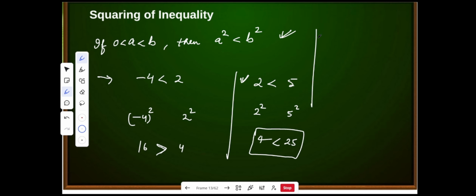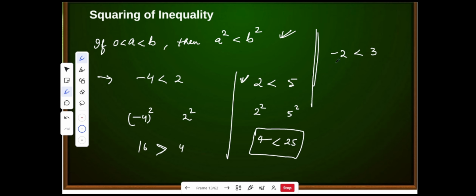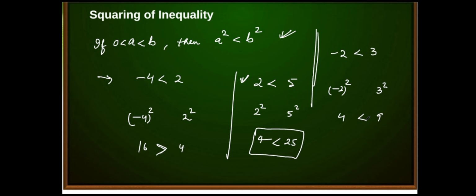Now suppose we have minus 2 also less than 3. Here this is negative, this is positive. If we are going to take the square of these two numbers, then here this is 4, this is 9. So here this is having the same inequality symbol.